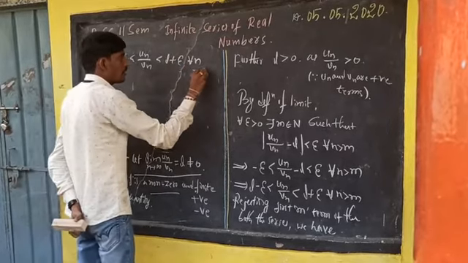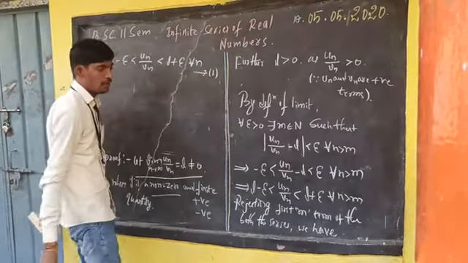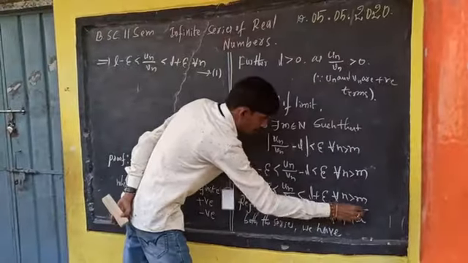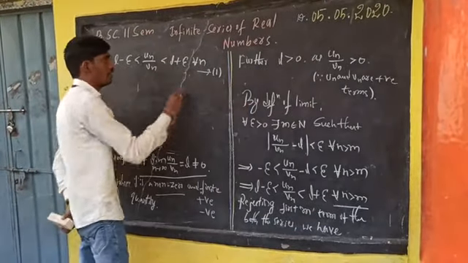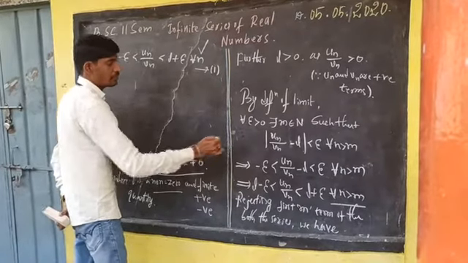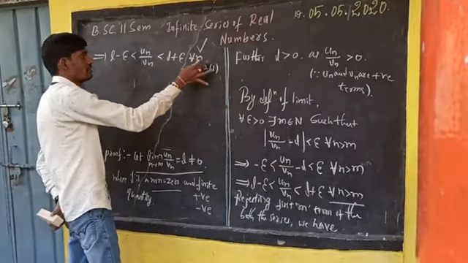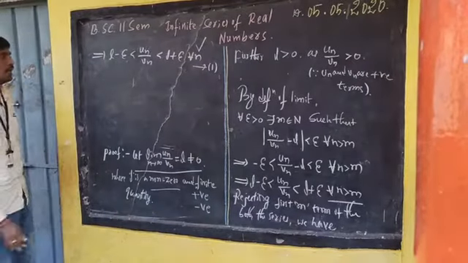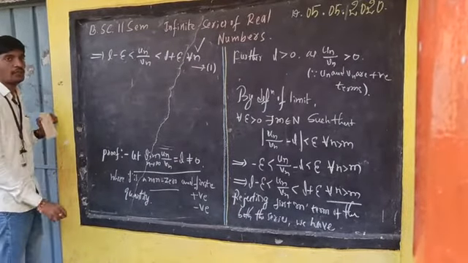You call that result number 1. You observe this was for all n greater than m, but you change it to all n. Why? Because rejecting the first m terms of both the series, the result is satisfied for all n. Then two cases arise.